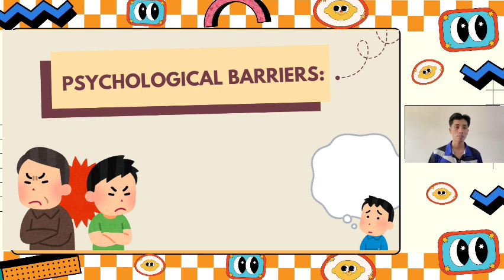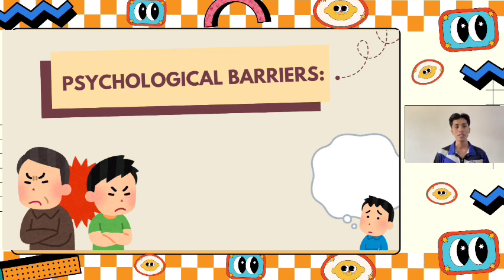First one is anger. So this is quite common, especially nowadays. If a listener is angry, they may be less likely to listen objectively and more likely to focus on their own emotions rather than the speaker's message.